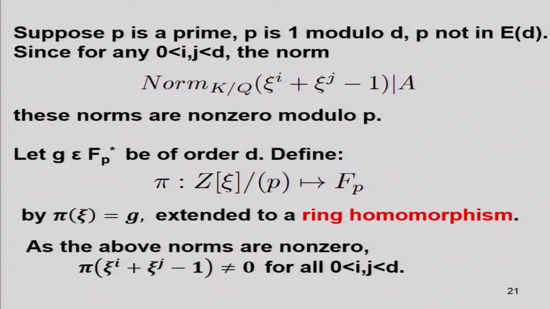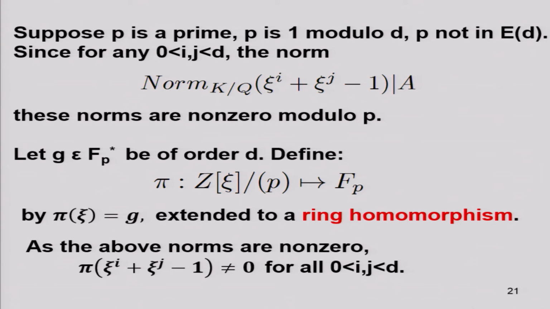Okay. And now what you can do, you take an element g which is of order d in the multiplicative group of F_p. Since p is 1 modulo d, then, as I said, the multiplicative group is cyclic. It has a unique subgroup of each order that is divisible by d, so we take it. And we have this element of this order.